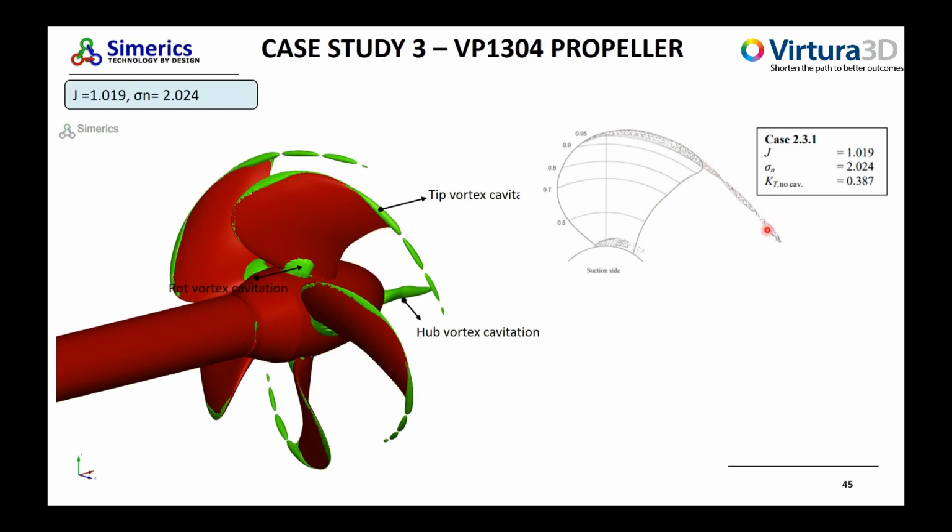I think the test was seeing this tip vortex, and we can capture it quite well. We can also capture this root vortex, which is seen here as well. And we also see some hub vortex, which you can see somewhere in the picture there. So we see all three different types of vortex captured in our simulation, which depicts the power of our cavitation capability.